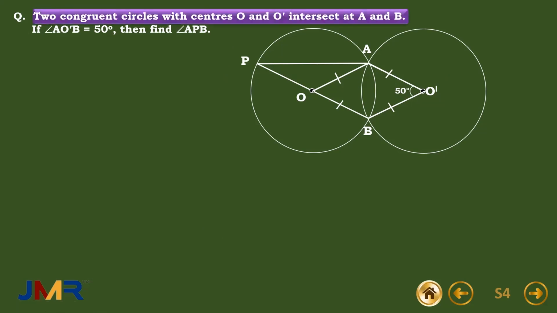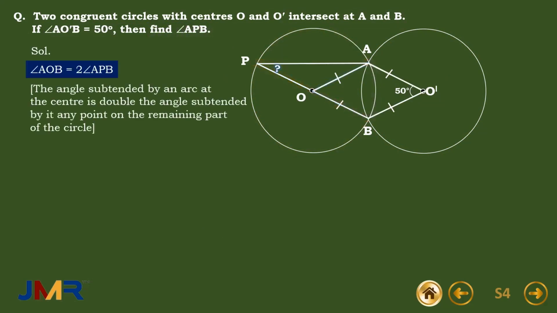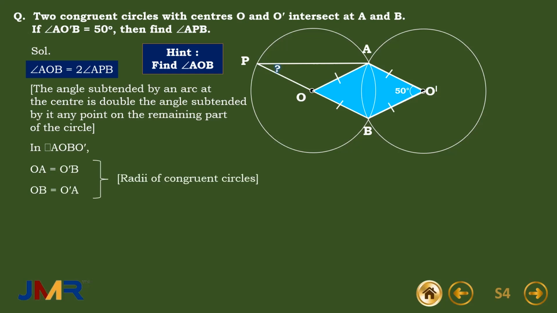Let us see. They are congruent circles, which means equal radii circles. Let us observe. OA is equal to O dash B. OB is equal to O dash A. Because all are equal radii.